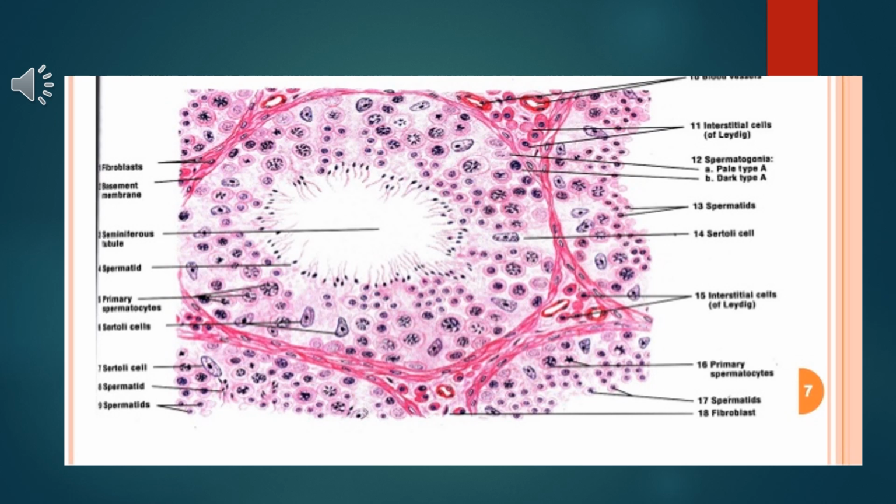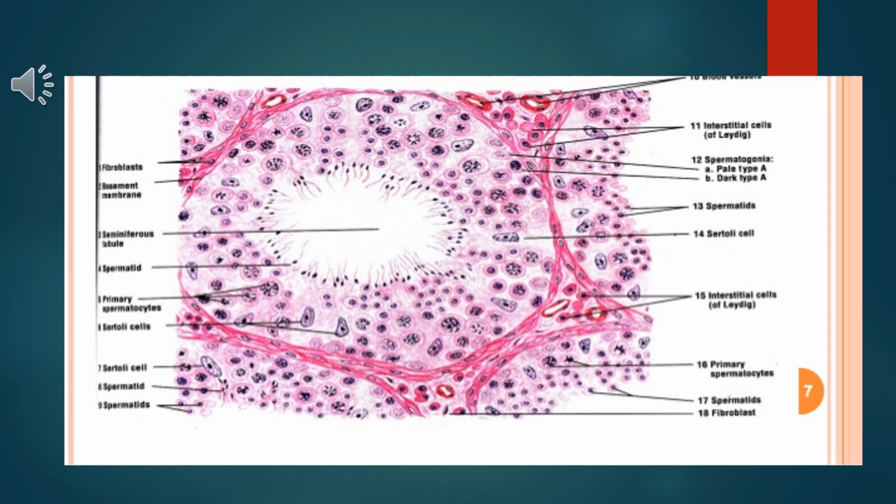So first is spermatogonia, then it undergoes mitotic division. So you will get the stem cell for the production of further cells plus the primary spermatocyte, and this primary spermatocyte gives rise to the secondary spermatocyte. The secondary undergoes again meiotic division and produces the spermatids, and these spermatids undergo the process of spermiogenesis and produce the sperm.